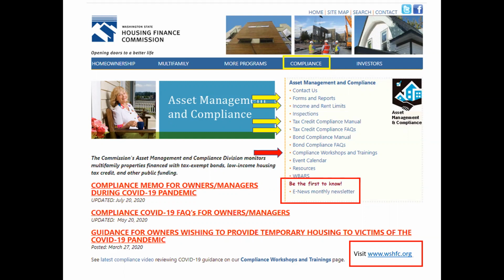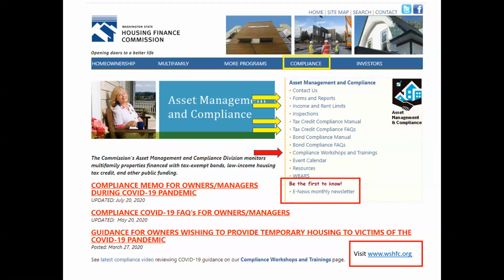And on this main page, you will also see this compliance memo for COVID. It was recently updated July 20th, and talks about rules, what you need to do for recertifications during 2020. We also have COVID FAQs, which answer a lot of questions like, do I need to count the extra $600 people are getting from unemployment? You can find that answer there.